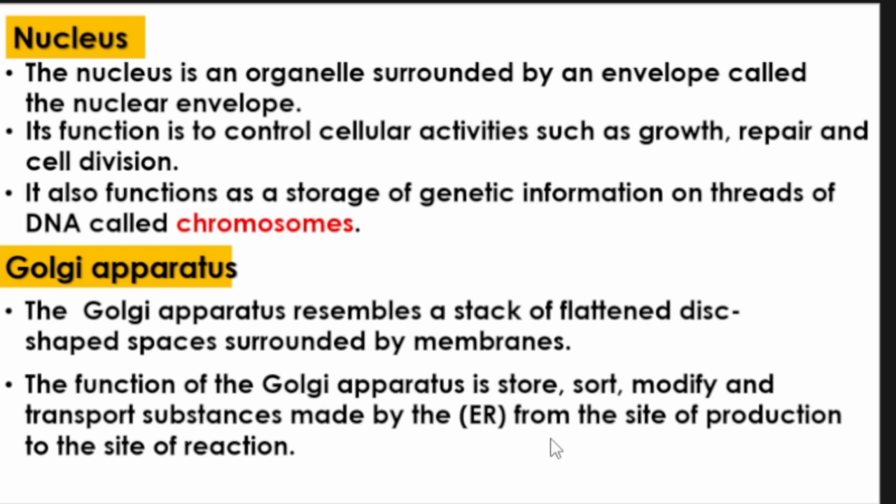There are other parts of the cell that catalyze certain reactions, and they need substances such as proteins. So the function of the Golgi body is to make sure it is transporting these substances from the site of production to the site of reaction, or where they are needed. In other ways, they act as vehicles in the cell.